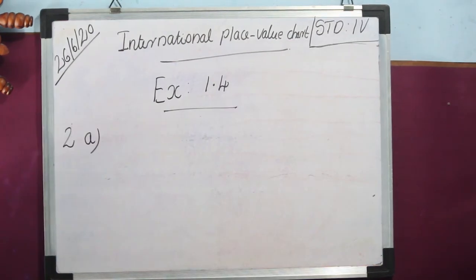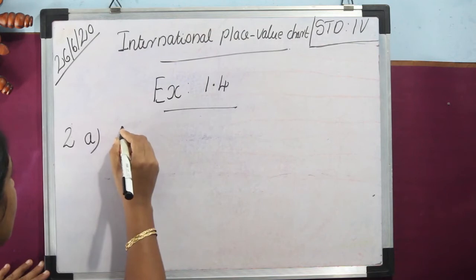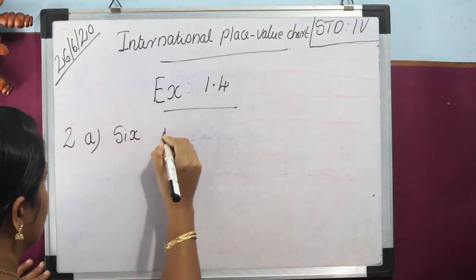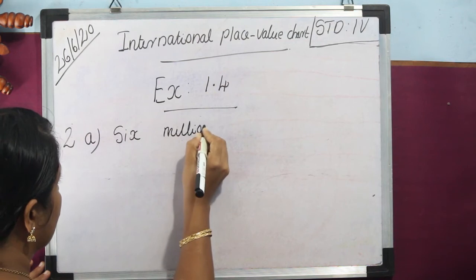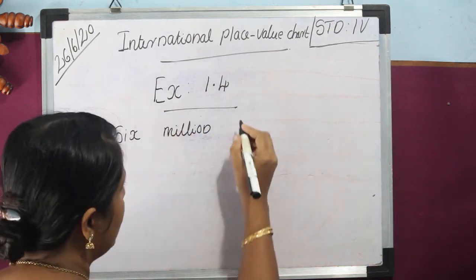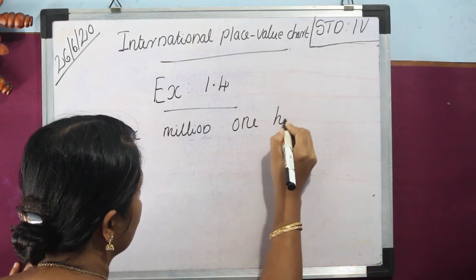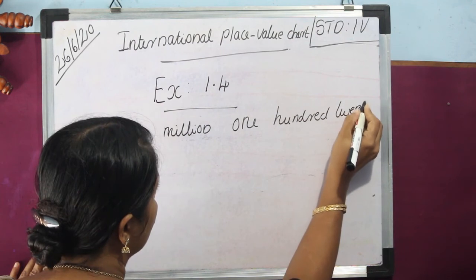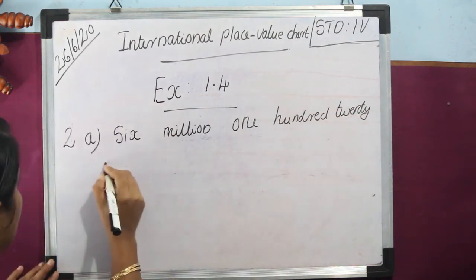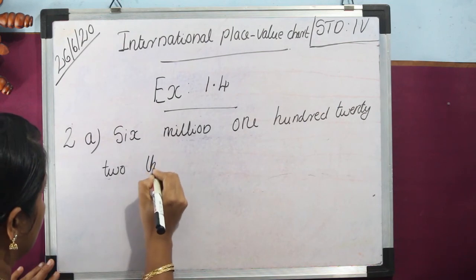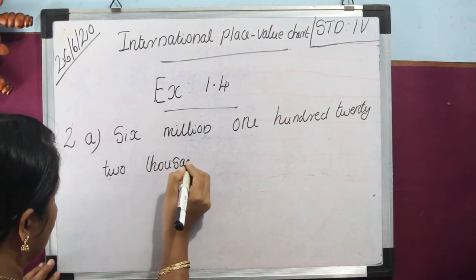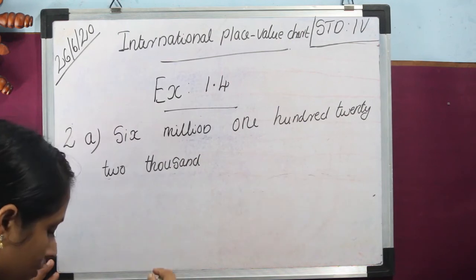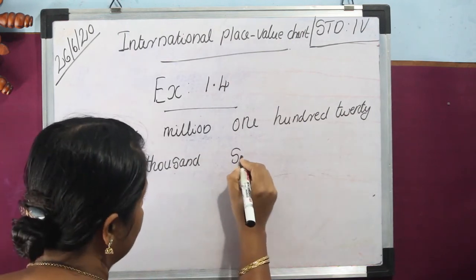Second question, write the numerals using the international place value system. First question, 6 million, 122 thousand, 703.